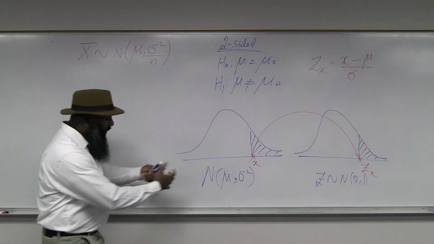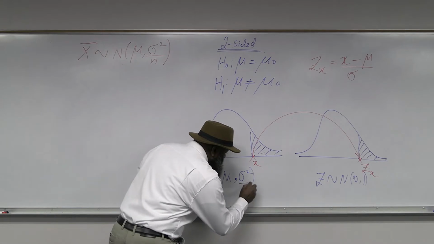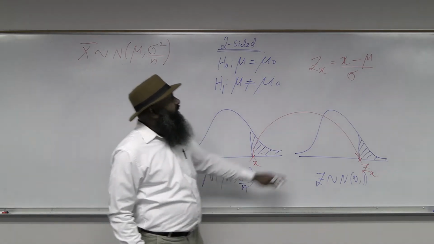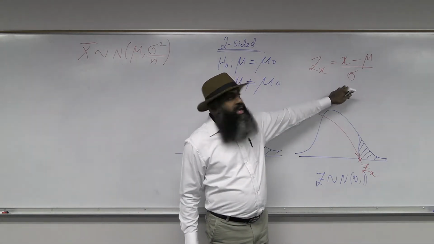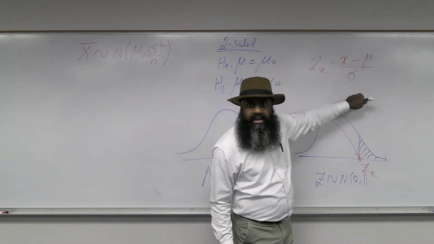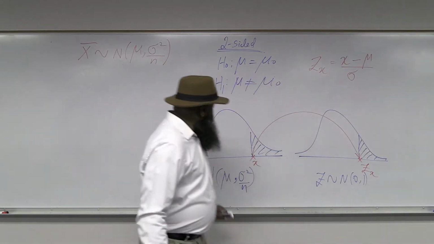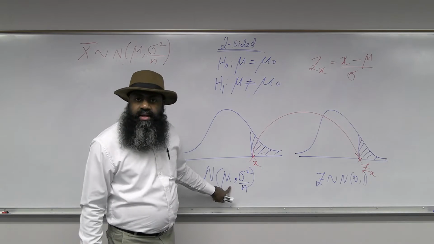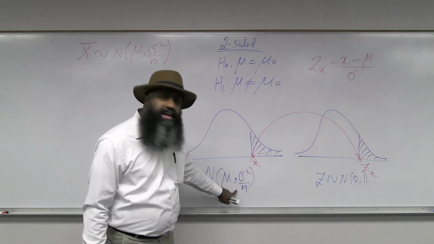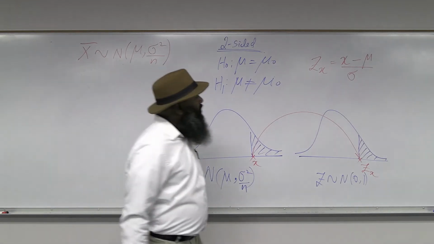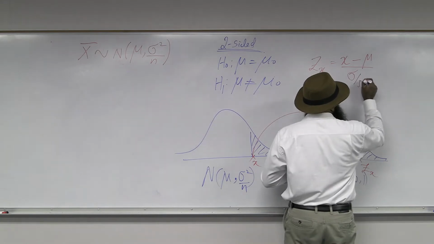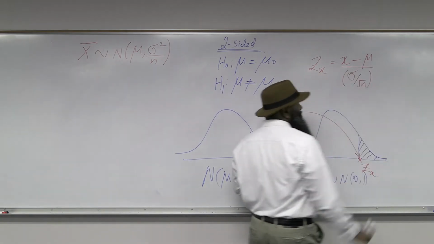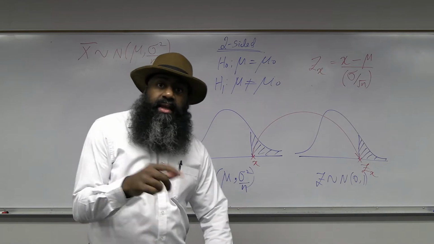So I will have to modify this as sigma squared over n. That will affect this z-score calculation as well, because I need to divide by the standard deviation. So it will be divided by the square root of this variance, which is sigma over square root n. That's my denominator.